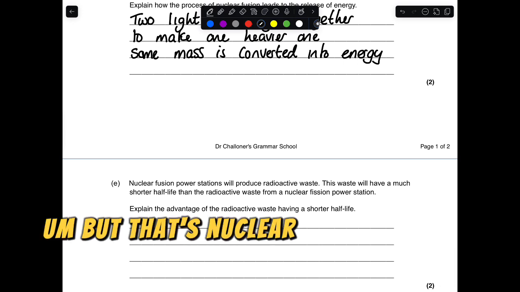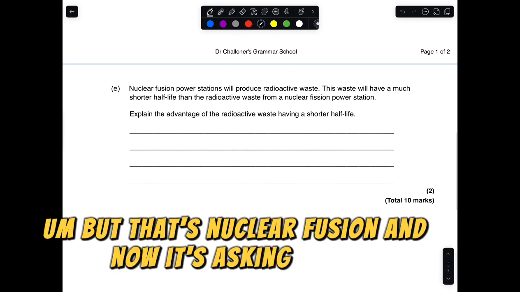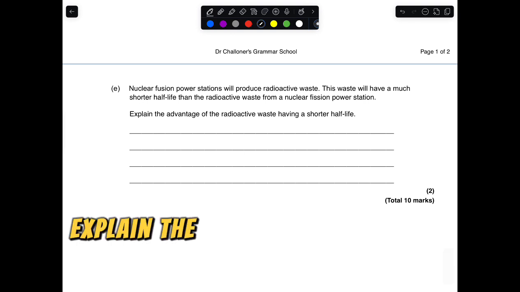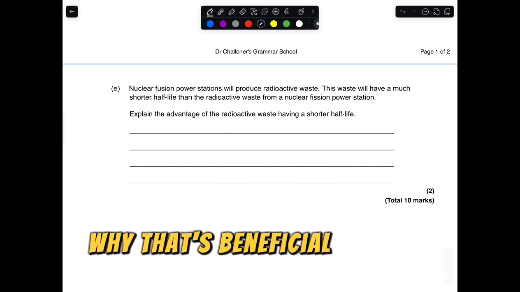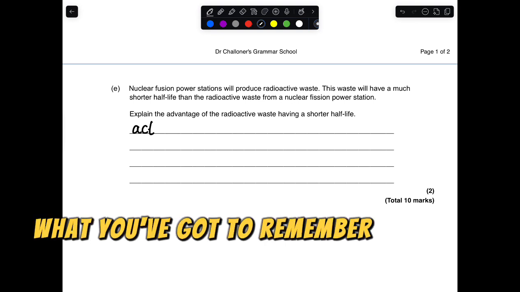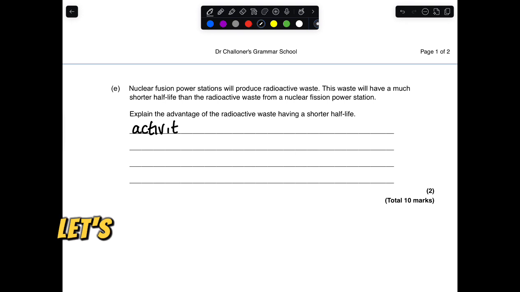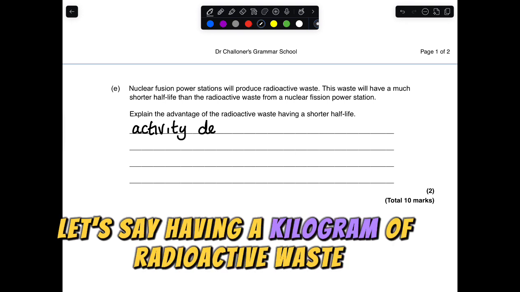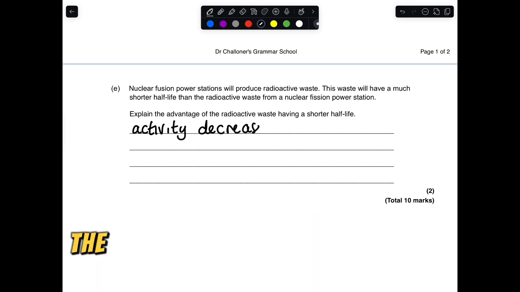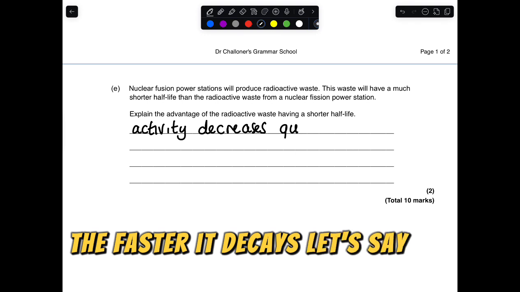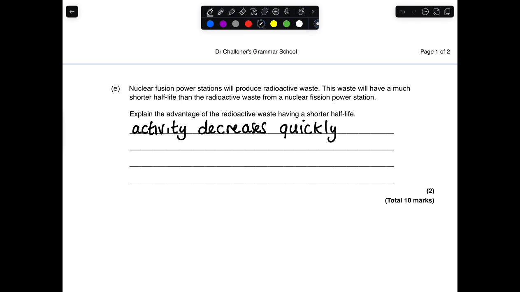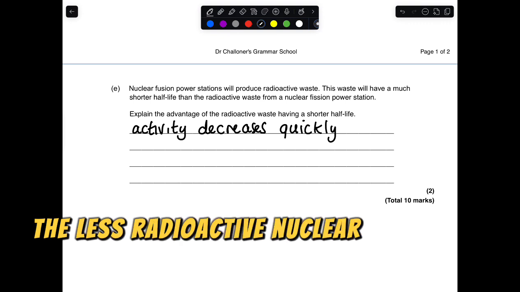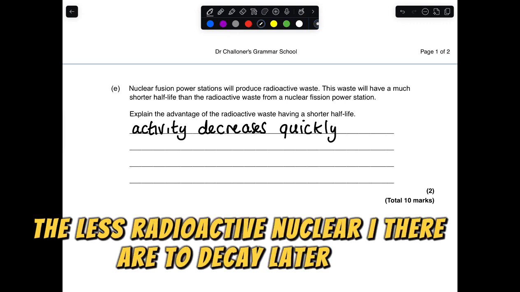But that's nuclear fusion. And now it's asking to explain the advantage of the radioactive waste that comes from the reaction having a shorter half-life, why that's beneficial. Well, what you've got to remember, when it comes to having a kilogram of radioactive waste, the faster it decays, the less radioactive nuclei there are to decay later on.